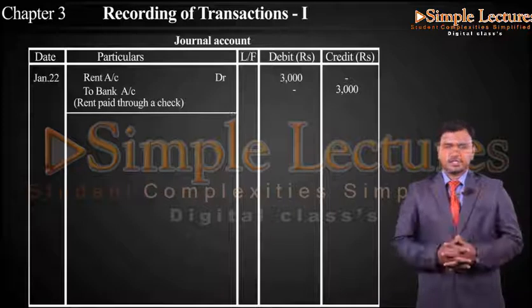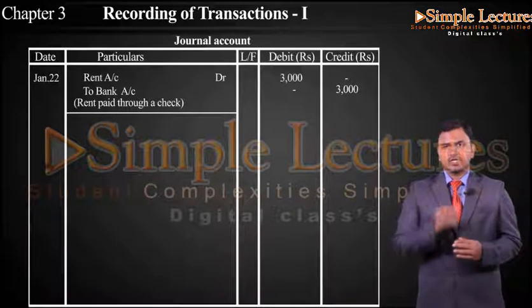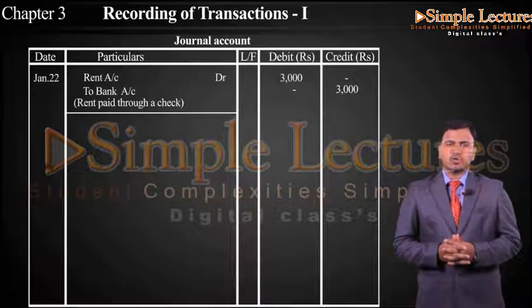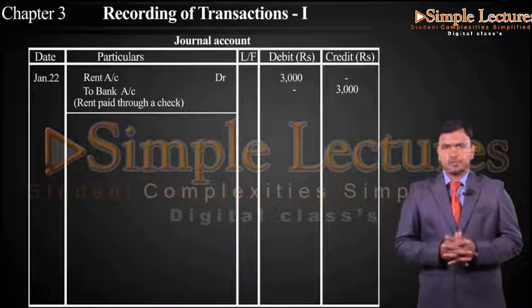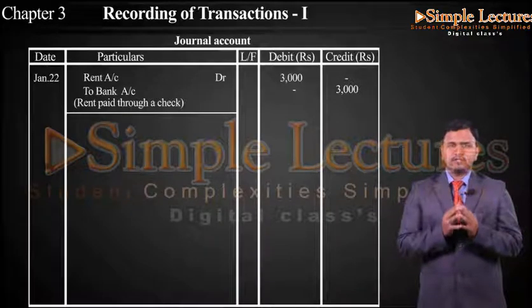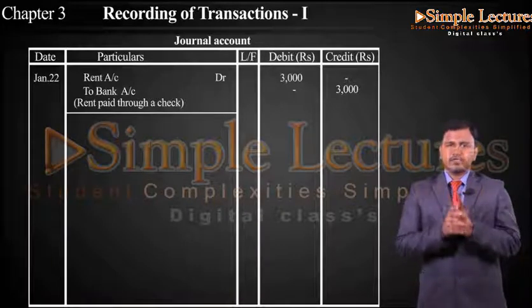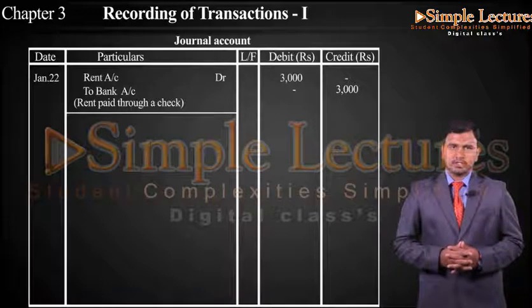Let us take the next transaction which we have on Jan 23rd. The transaction here is goods issued for household purpose, 2,000. Anything which is withdrawn from the business in terms of commodity or product will be considered from the purchases and not from the sales. Why?